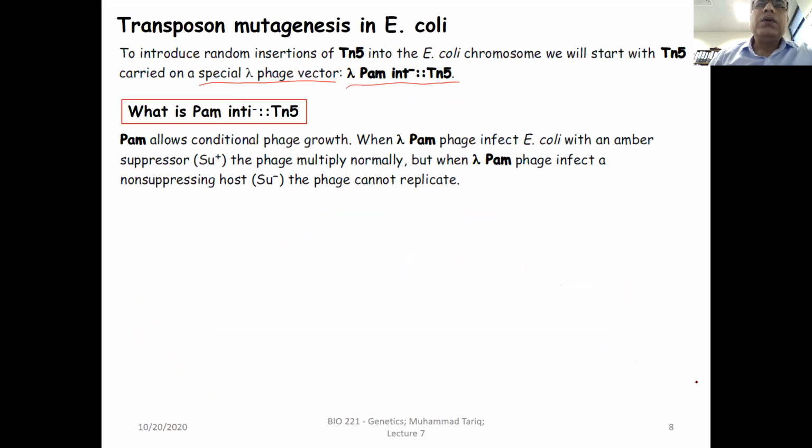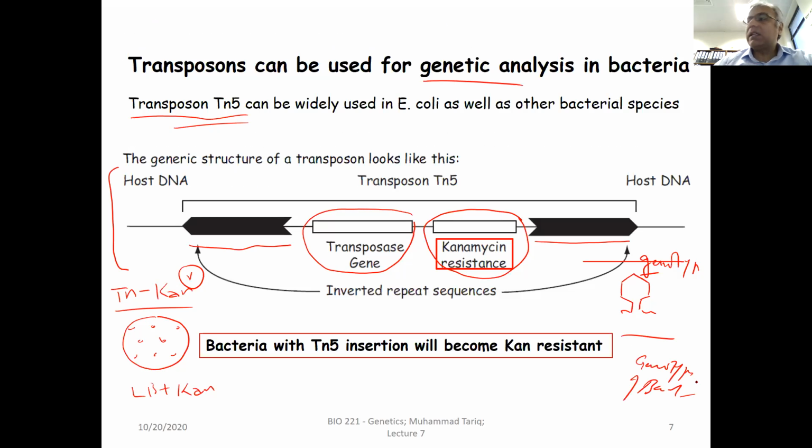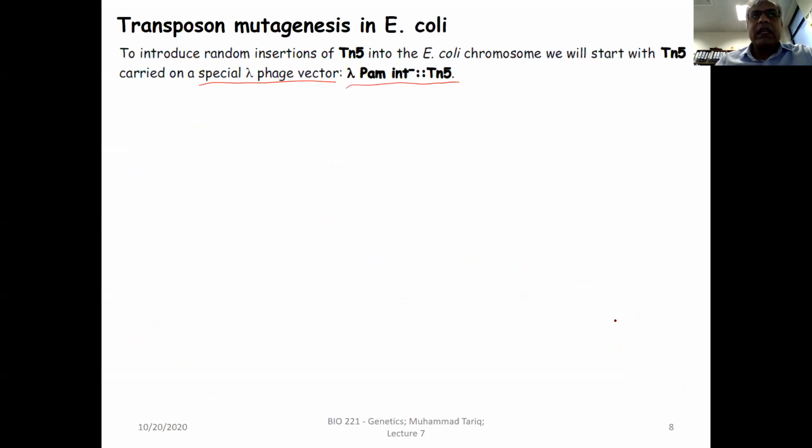What you know already is that bacteriophages are viruses which infect bacteria, and this phage injects its DNA into bacteria. Once inside the bacteria, phage DNA can get integrated into the bacterial genome, or it can also stay as an extrachromosomal plasmid.